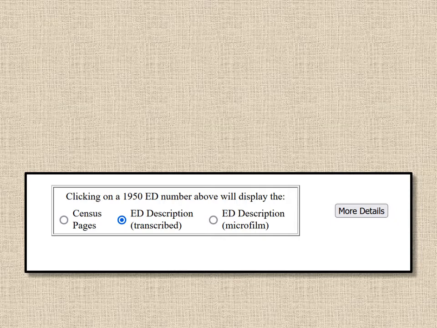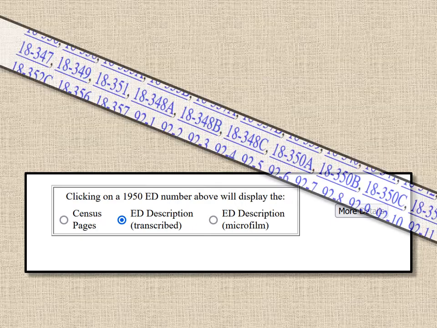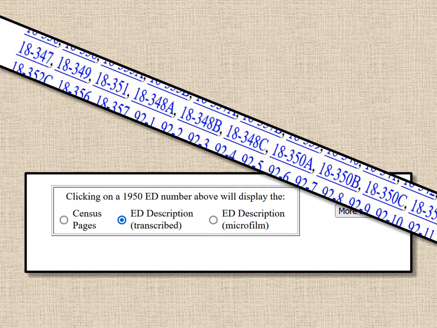It says that clicking on a 1950 ED number will display its ED description. Well, if I had clicked on 18-351, it would show a single description. If I were to click, before we modified this, on 18-348A, it would only give that description.